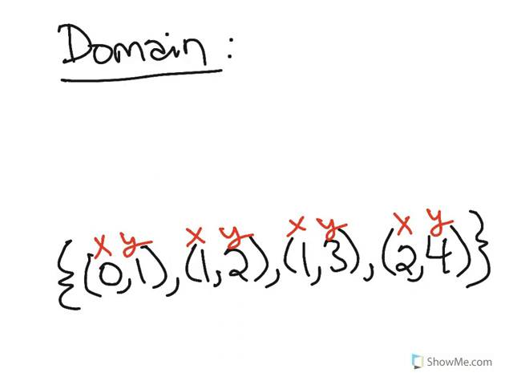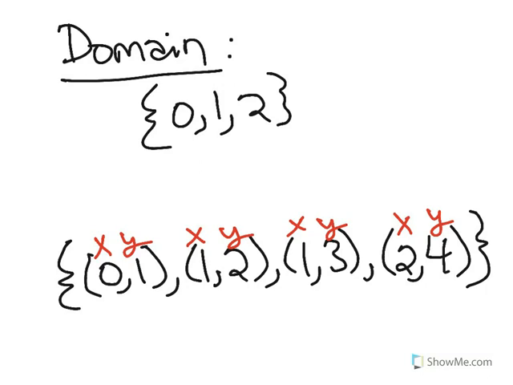The domain is a set that we can make out of any relation. The domain is a set of all the x values. For the relation we're looking at right here, then, the domain would be the set containing 0, 1, and 2. No other numbers appear as first element in any of our ordered pairs but those three.